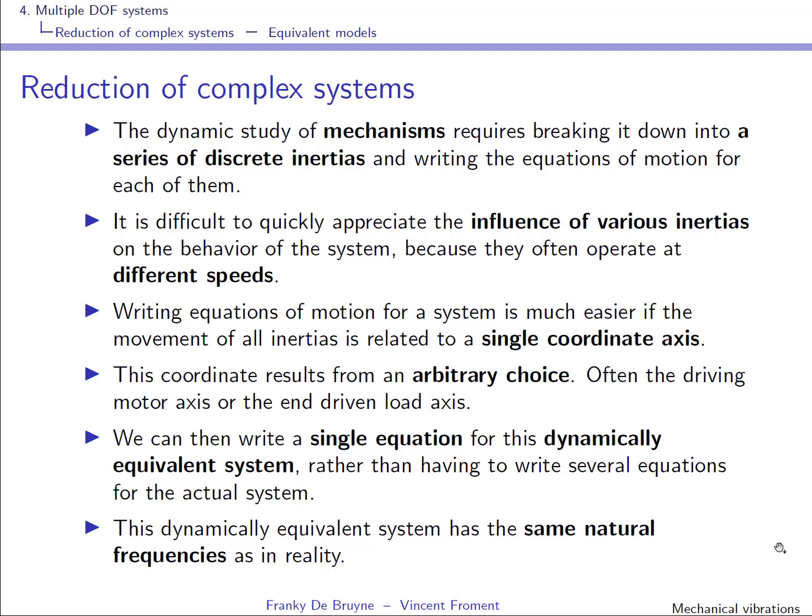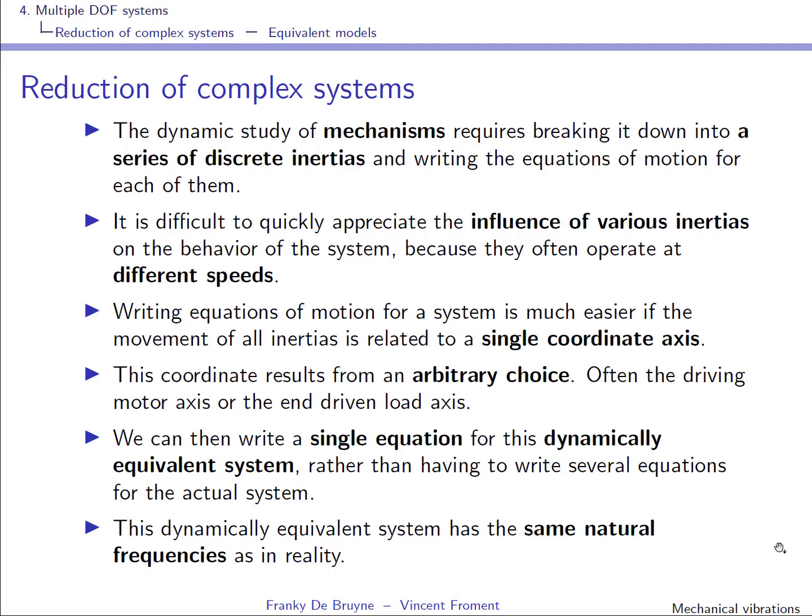So the idea is to write everything back to a single coordinate axis. Most often this choice of coordinate axis is arbitrary, but very often you bring it back to the driving side, right? So this leads you to a single equation for a dynamically equivalent system, okay?